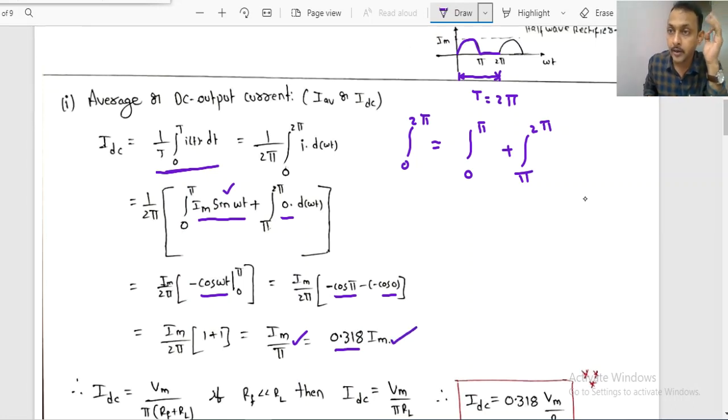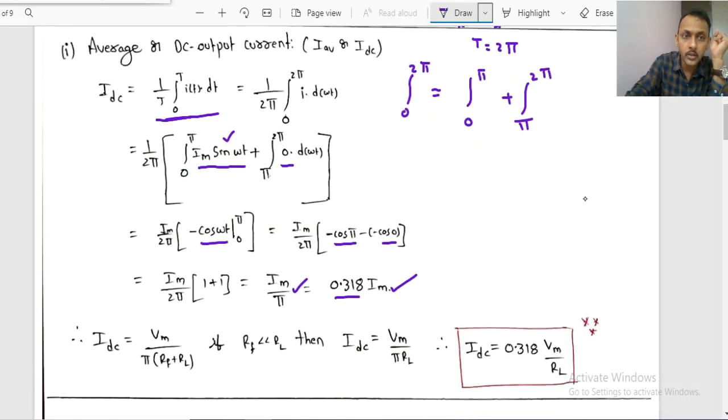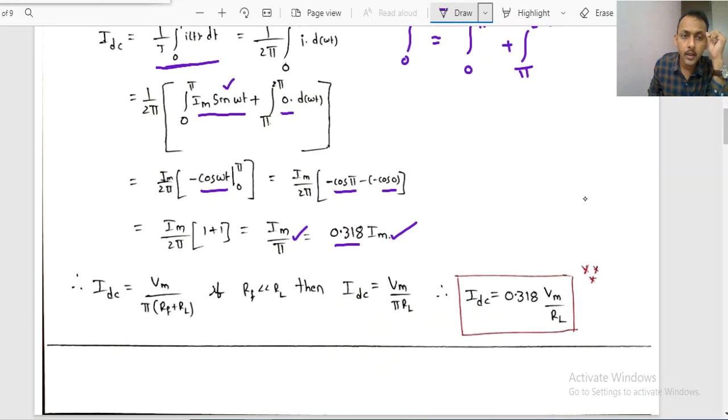In a half-wave rectifier the DC value is 0.318 times Im. For example, if Im equals 1 ampere, then out of that 1 amp, the DC value is 0.318 amps. Like that we have to understand. Clear? Now what about the DC value?